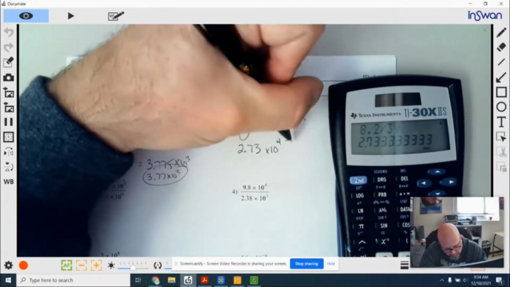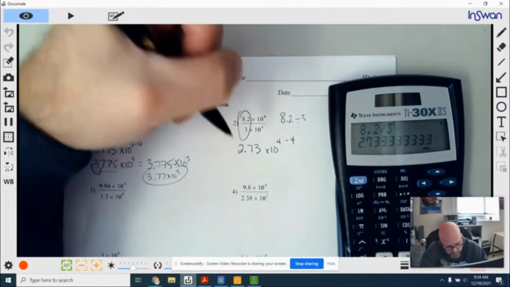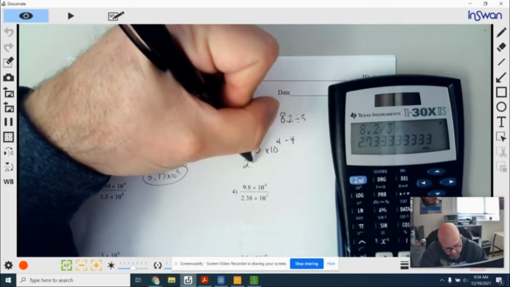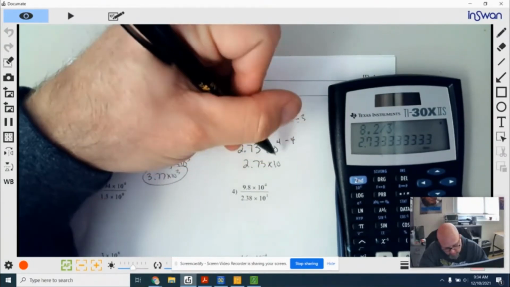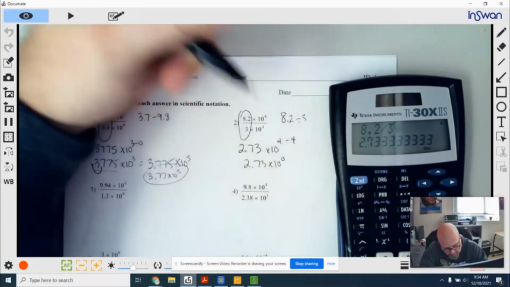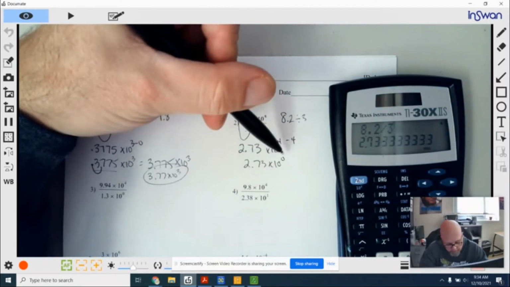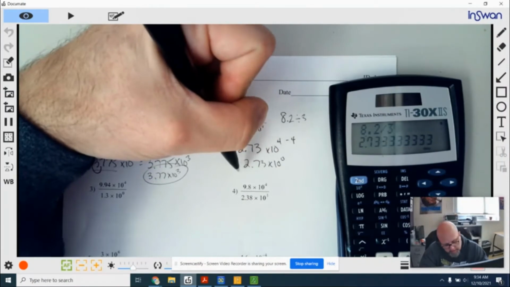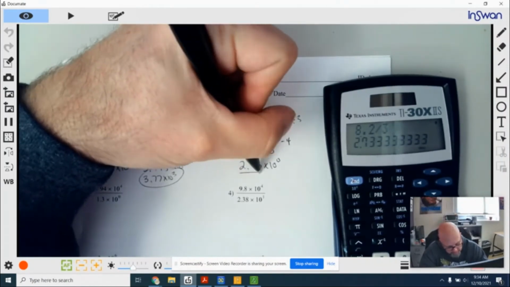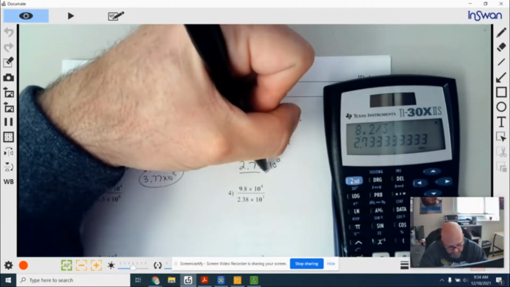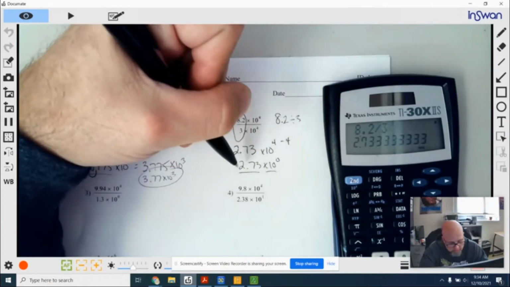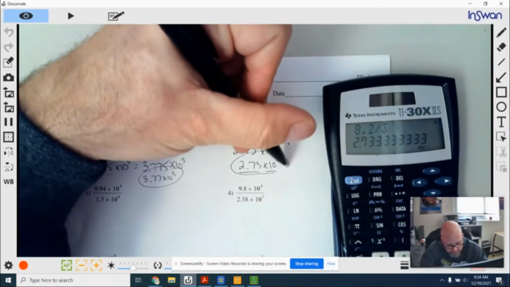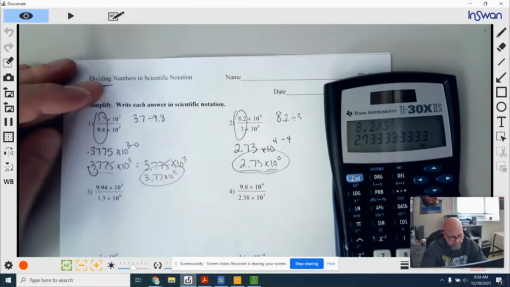I subtract the bottom one of 4. Okay, so I have 2.73 times 10. 4 take away 4 is 0. We know that 10 to the 0 power is going to be equal to 1. But if we need it in scientific notation, you have to have a base number, 1 or more. You have to have a times 10 to some power. So because of that, we're going to leave that just like that, and that's our final answer.